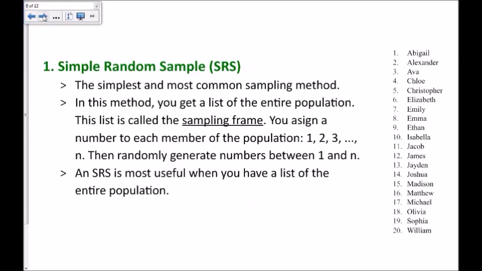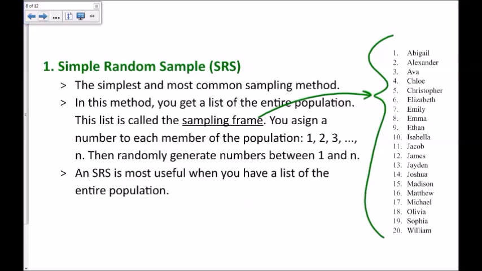And I pulled a list of common first names here. And so that would be an example of the sampling frame. Okay, so you have a list of the entire population. And you assign them a number, 1, 2, 3, 4, all the way down to the last person. Okay, then you randomly generate however many numbers you want in your sample between 1 and n, and those people become your sample.